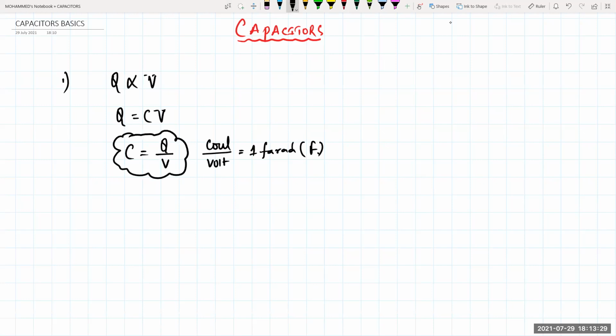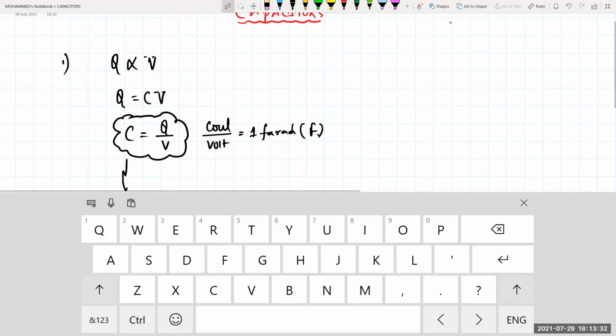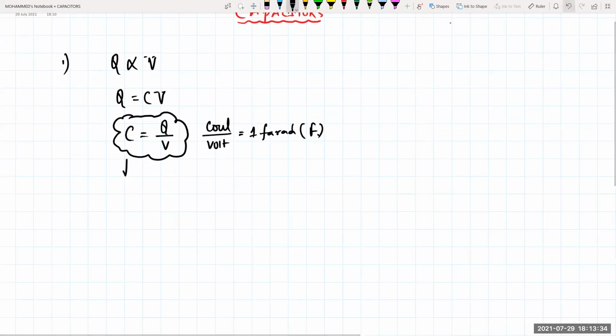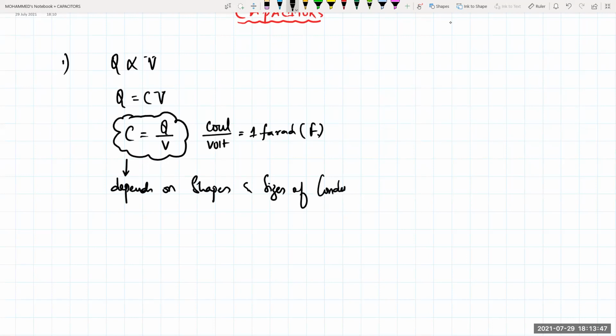Now see, this capacitance depends upon the shapes and sizes of the conductors and also the nature of the insulating materials between them.